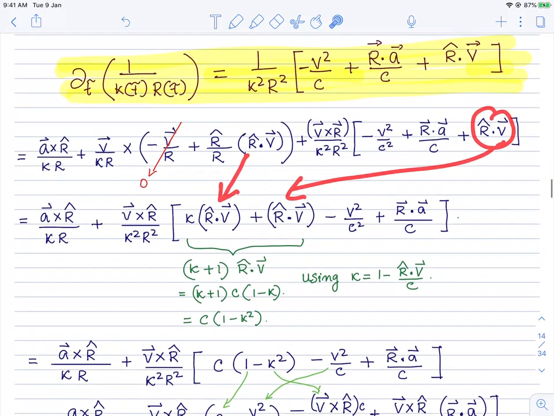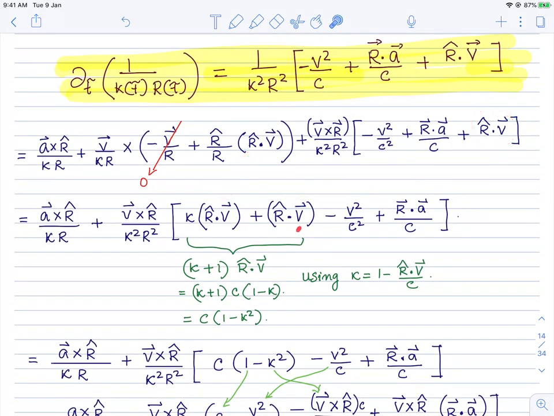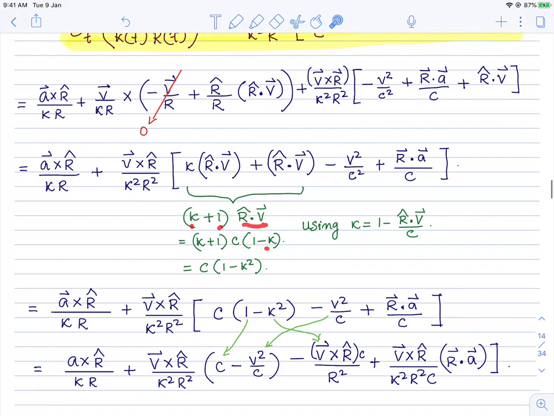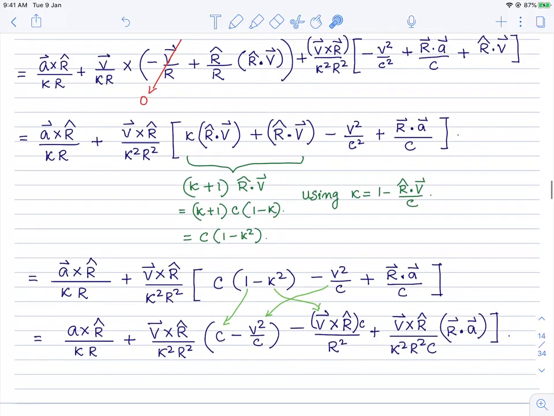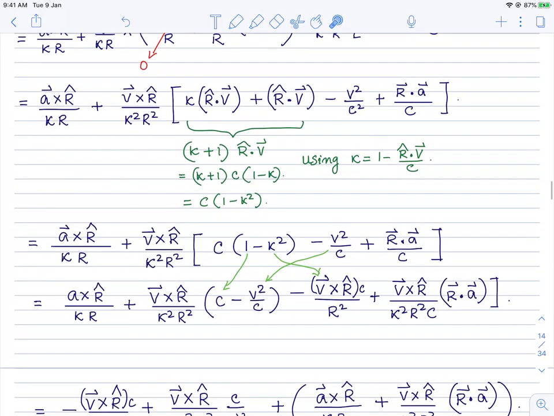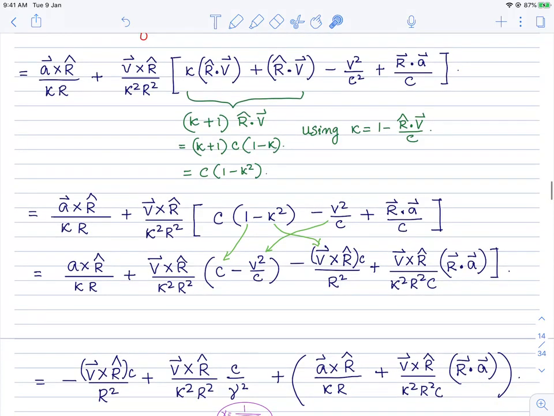And now I can take r hat dot v outside. This becomes kappa plus 1 times r hat dot v. And r hat dot v is c times 1 minus kappa, which I have used. Then this becomes 1 minus kappa square. This term essentially becomes 1 minus kappa square, and once it does, I can write this as c times 1 minus kappa square.